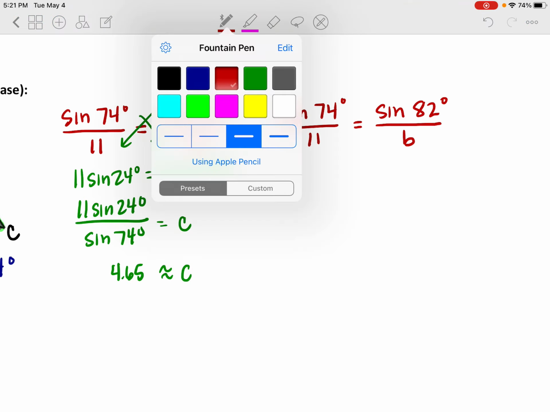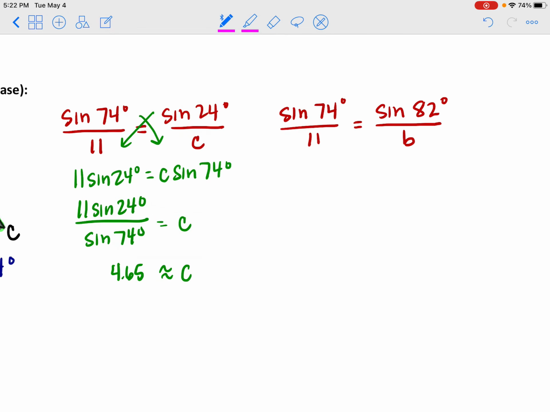Again, we'll cross multiply. This will be basically the same thing that we were just doing. 11 times the sine of 82 equals b times the sine of 74.